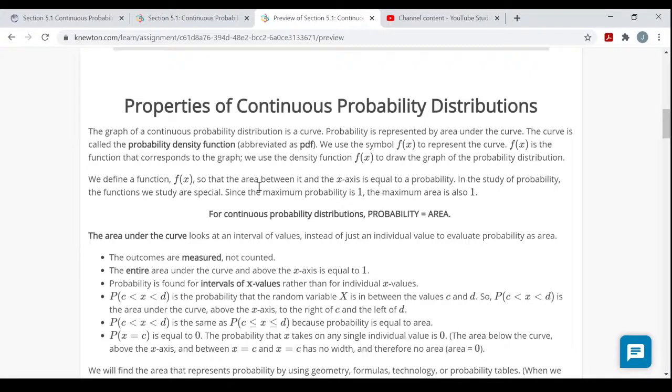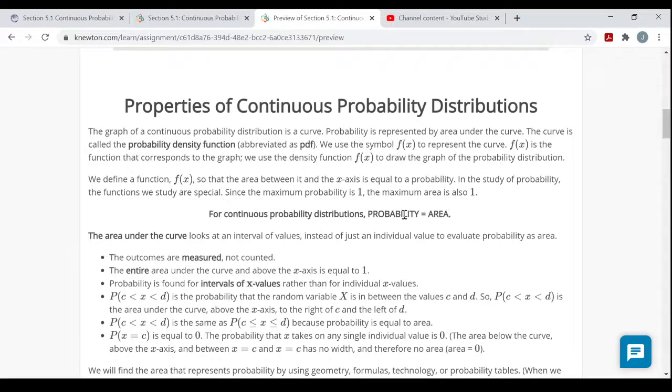Again, area under a curve and probability are hand in hand. So in the study of probability, the functions we study are special. Since the maximum probability is 1, the maximum area, right, under the entire curve that's drawn is also 1.